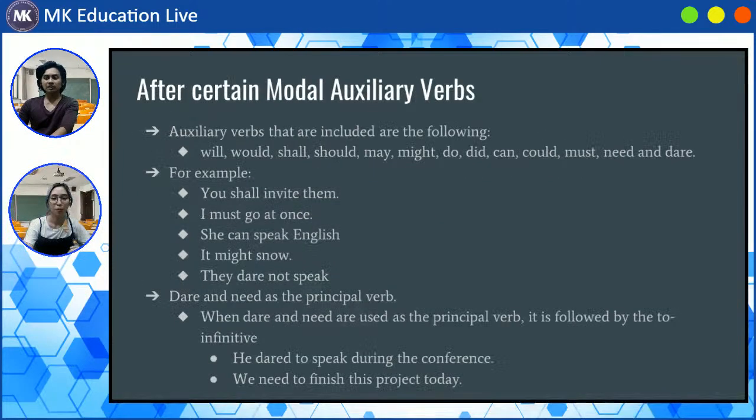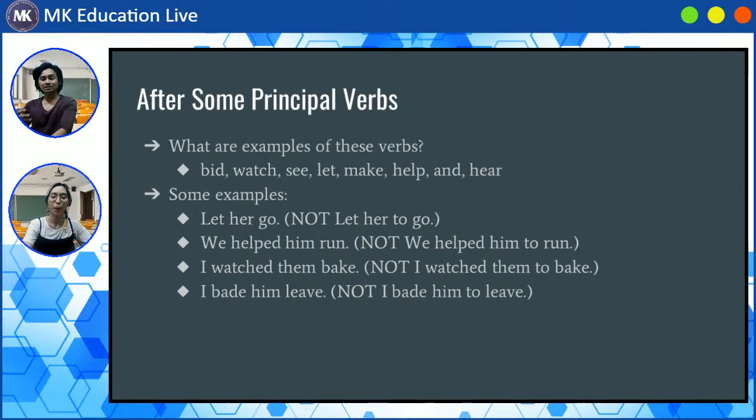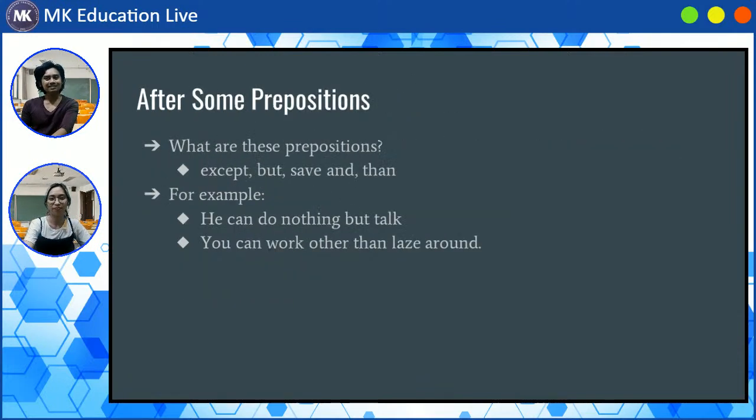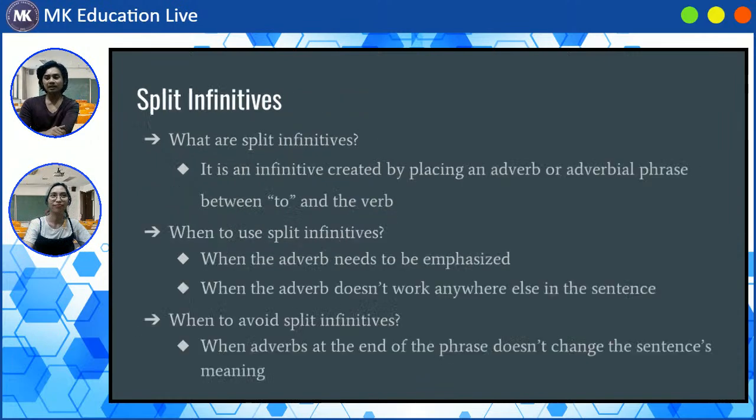The modal auxiliary verbs included are will, would, shall, should, may, might, do, did, can, could, must, need, and dare. That's a lot. It's a mouthful. Then you have some principal verbs or main action words like bid, watch, see, let, make, help, and hear. After the words rather, better, and had better, then after some prepositions like except, but, save, and then. And you should remember that split infinitives are created by placing an adverb or adverbial phrase in between the to and the verb.